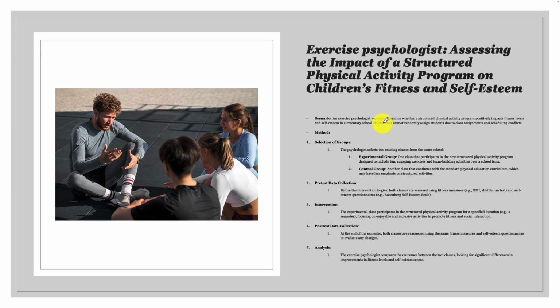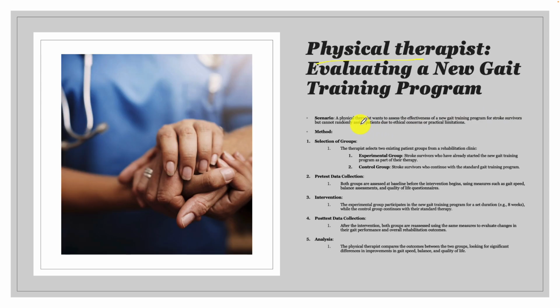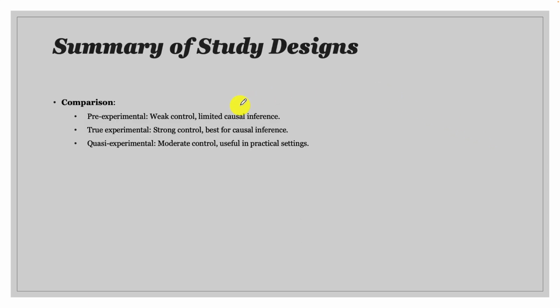And basically what all these say are you cannot randomly assign students due to conflicts, or you cannot randomly assign patients due to conflicts, or you cannot randomly assign patients due to ethical concerns. So that's all this is saying. And you can read through this on your own because I've been talking for quite a while now. So here's just a side-by-side comparison of this.